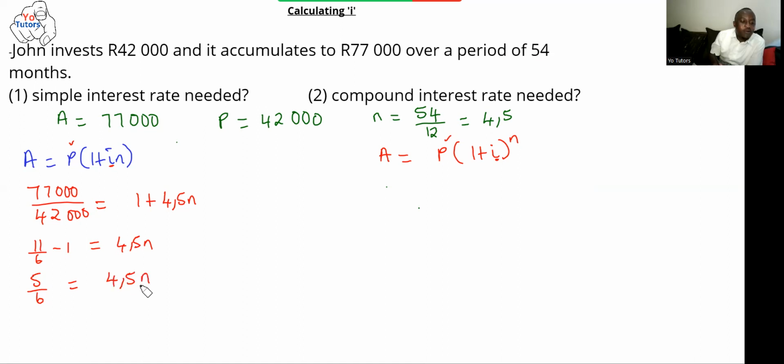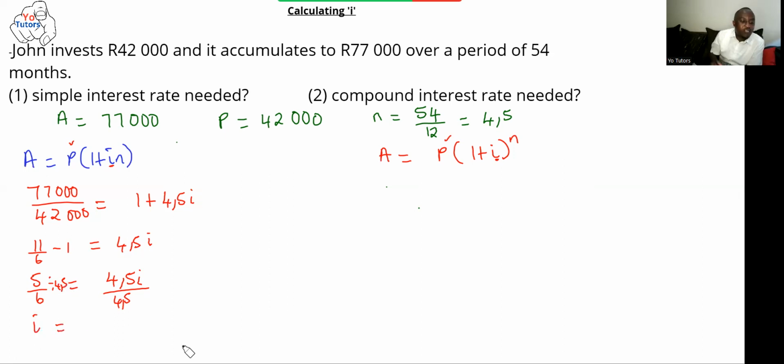Then what do we do? It should be I there. So we're going to divide by 4,5, and also divide the other side by 4,5.